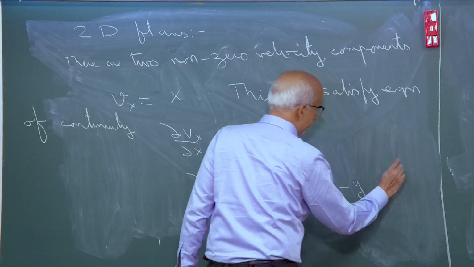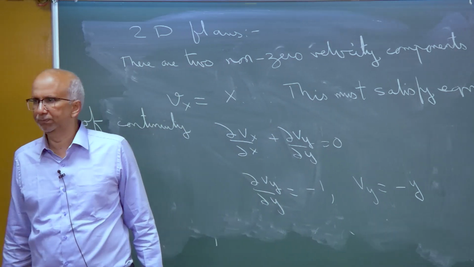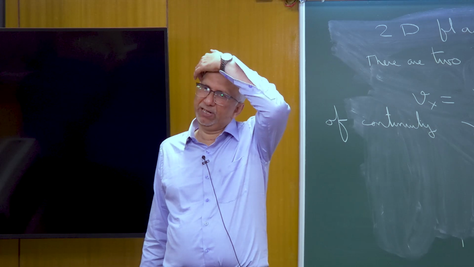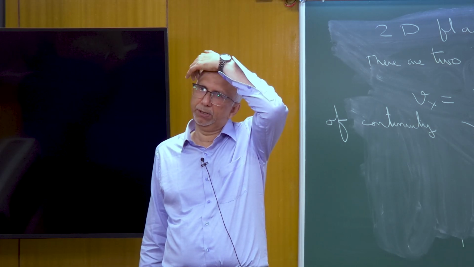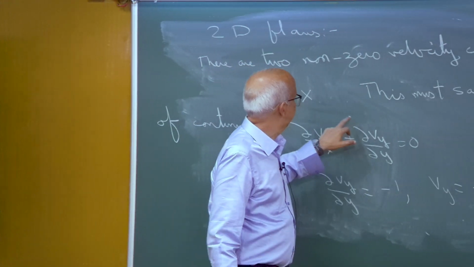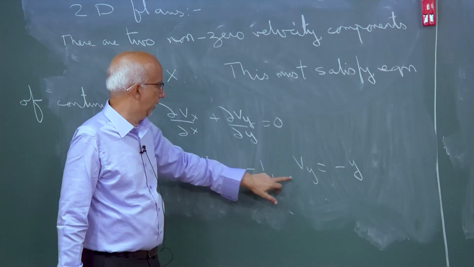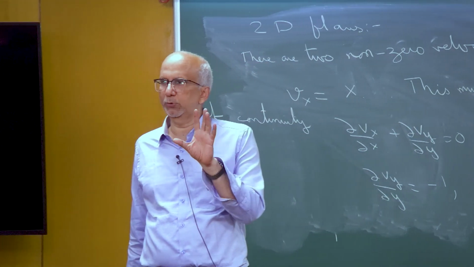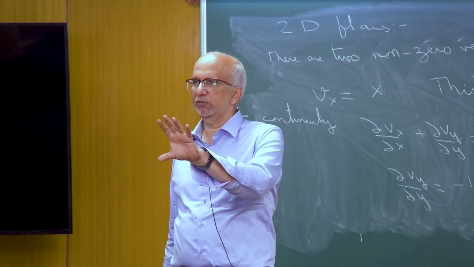So, I will just leave it right now, we will just say that the constant is 0. So, the idea is a velocity field Vy: if this is the x component of velocity field, the y component of velocity is going to be given by this. All I have done is made sure that my equation of continuity is satisfied.